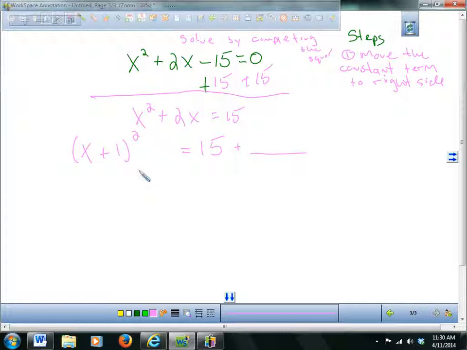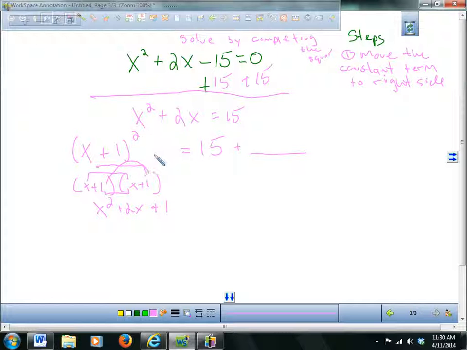No, I didn't add 15. If I FOIL this out, what's x plus 1 times x plus 1? I multiply this times this, I get x squared plus 2x plus what? Not plus 2, plus this times this, right? 1, okay?